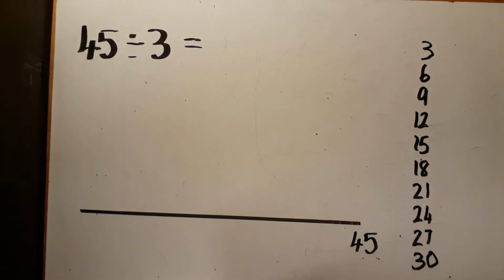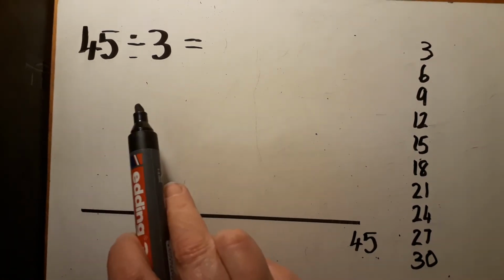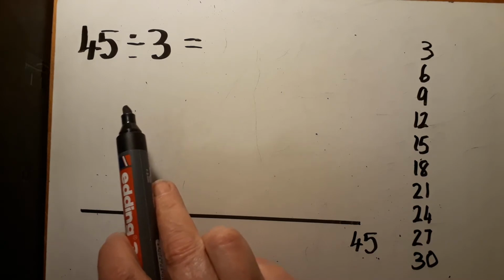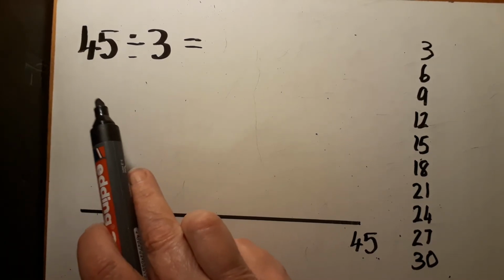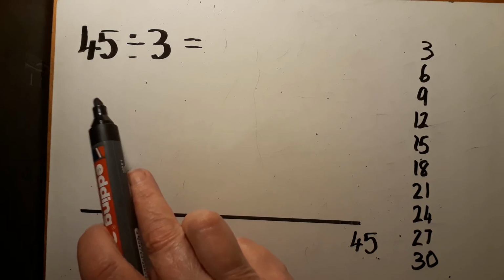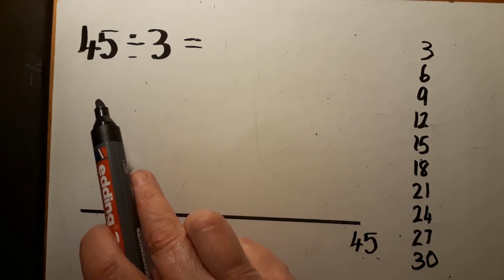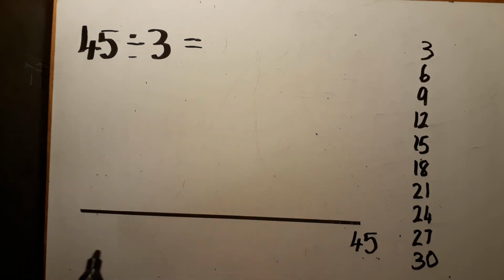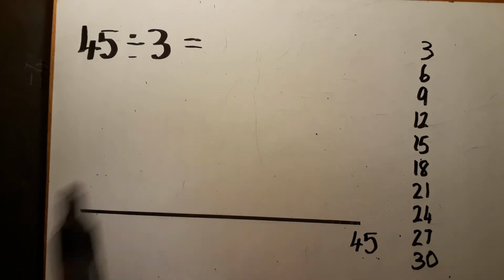So question number 4, the first part A, is 45 divided by 3. Now, because 45 is outside of our times tables, we're going to use this method of division on a number line to help us. So I'm going to model what we're going to do.